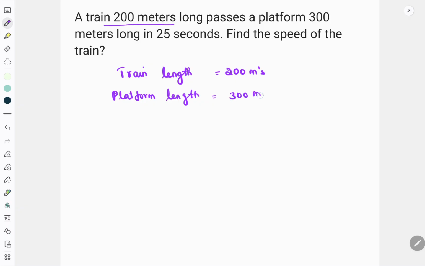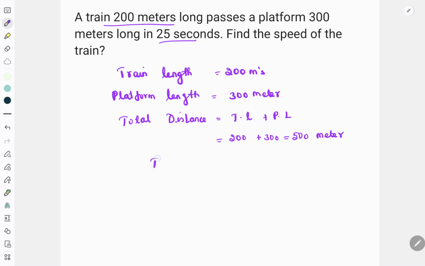So platform length equal to 300 meter, right? We all know total distance equal to train length plus platform length, right? So 200 plus 300 equal to 500 meter. This is total distance. Next data given is in 25 seconds.